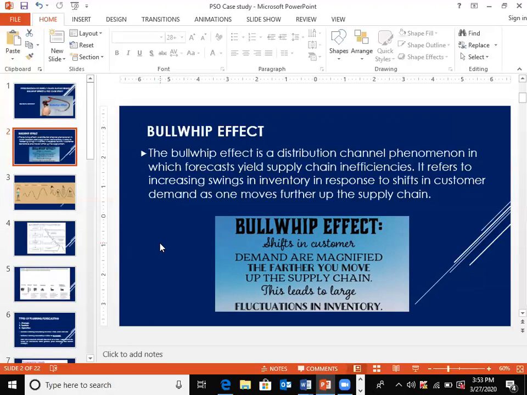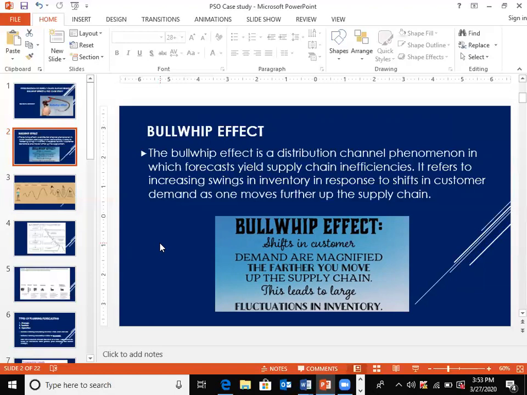I'm going to read the other definition, also written over here. Shifts in customer demand are magnified the further you move up the supply chain. This leads to large fluctuations in inventory.